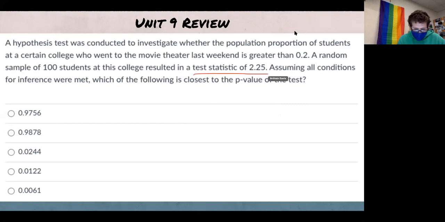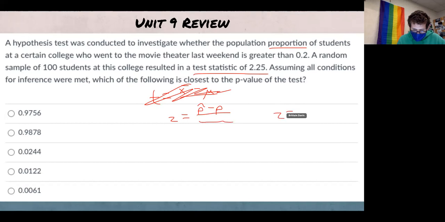So the entire thing where we're going to have to figure out your x bar minus mu divided by, it's proportion, so I'm doing the wrong thing, whoops. So it was going to be z equals p hat minus p all over this calculation. That's already been done for us. We already know that z equals 2.25. So the question is, what's the p-value, knowing that that's our test statistic?